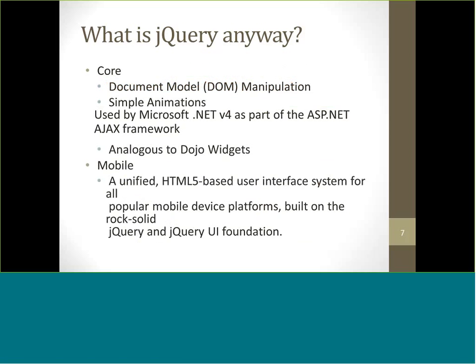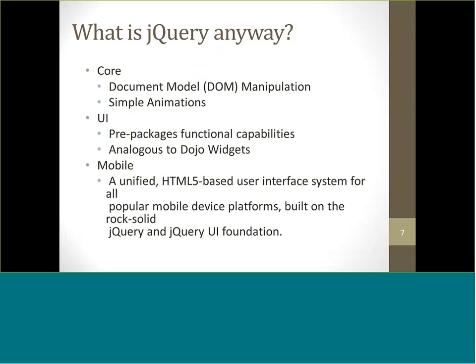So, jQuery comes in 3 different types, I guess you want to say. There is the core, which allows for document model manipulation, simple animations, other manipulations that we will see and we will come to talk about during this presentation.